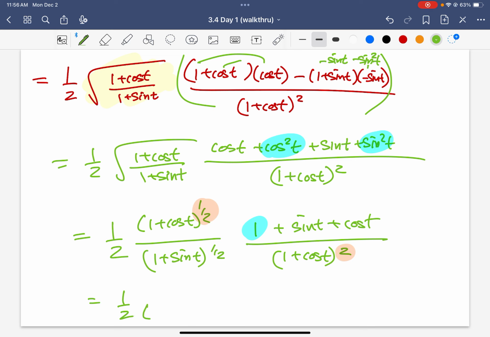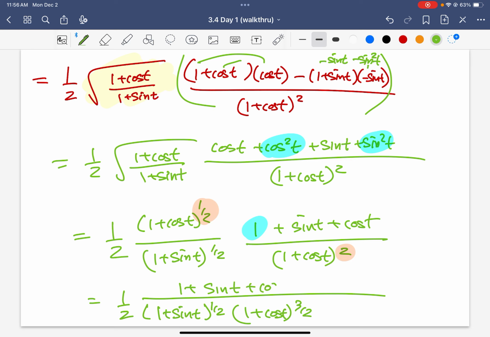So it's going to be 1/2, 1 plus sine. There's going to be a 1/2 here. But then on bottom, there's also going to be (1 + cosine t)^(3/2). But then on top, we're just going to have 1 + sine + cosine. So that 1/2 is just going to put a 2 on bottom. So that would be what it looks like if you simplified.